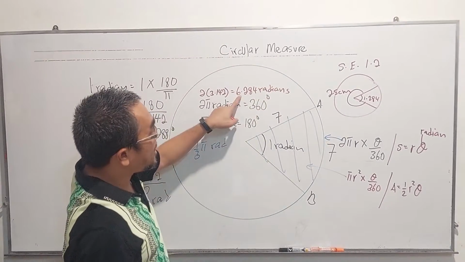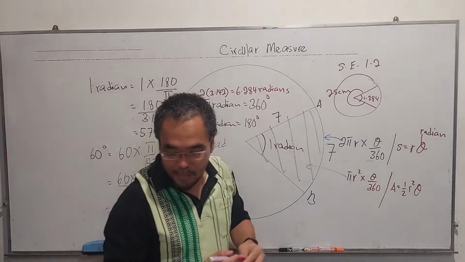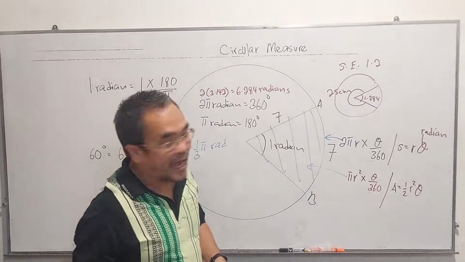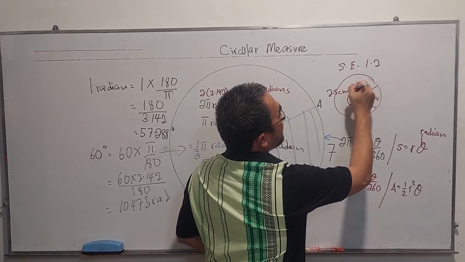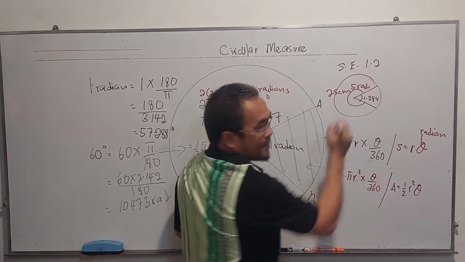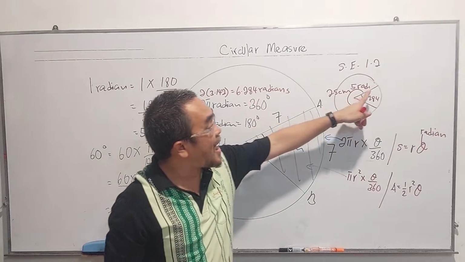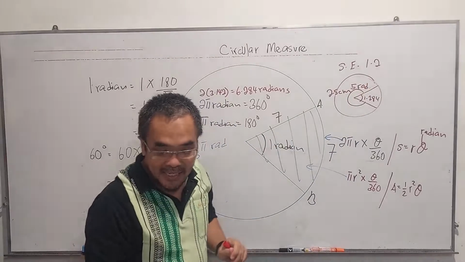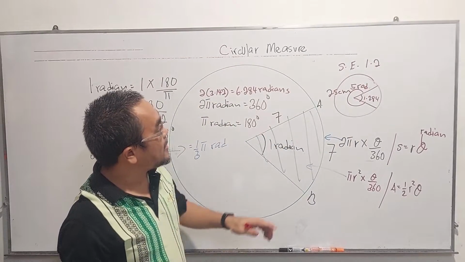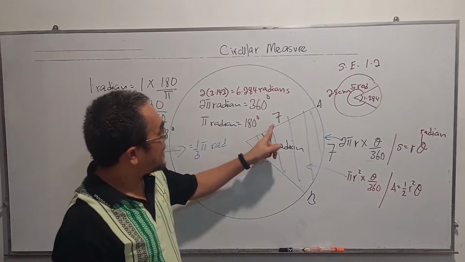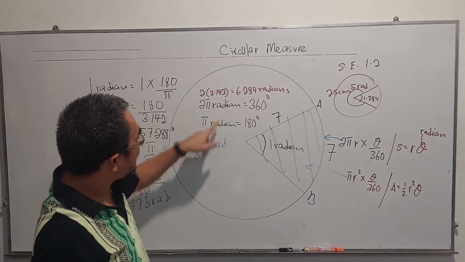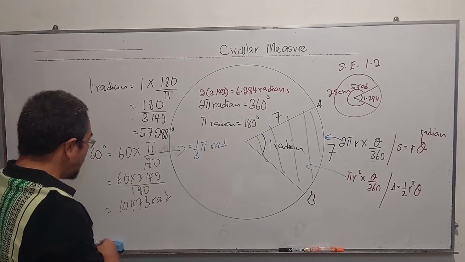So 6.284 minus 1.284, then you will get 5 radian around here. Usually we write it as rad only, R-A-D.